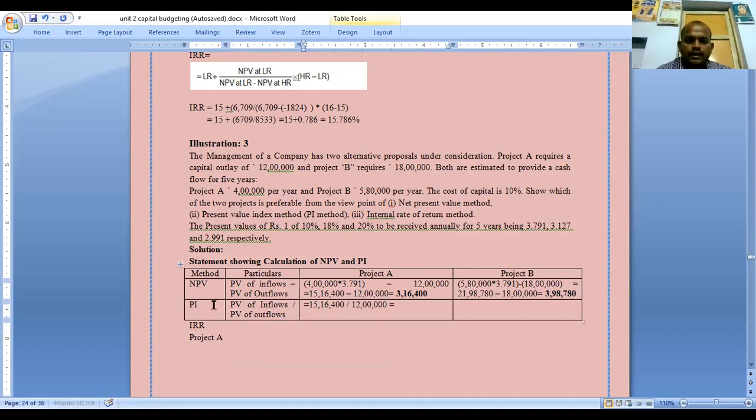So it comes around 1.26. For project B, it is same, 21,98,780 divided by 18 lakhs. So profitability index will be 1.22.